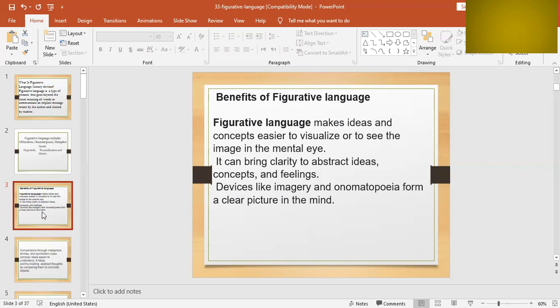You describe her beauty and her kindness in these expressions as a warm sun on a cold day, or a spring day, or a winter day. It depends on the situation. So it can bring clarity to abstract ideas, which are beauty and kindness in the example I gave, and also concepts and feelings.